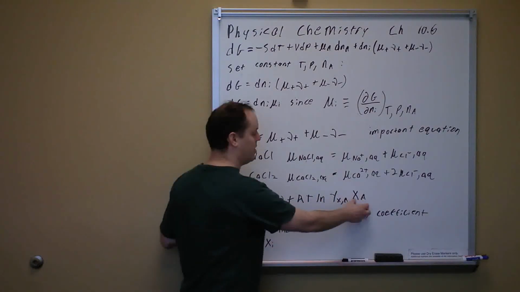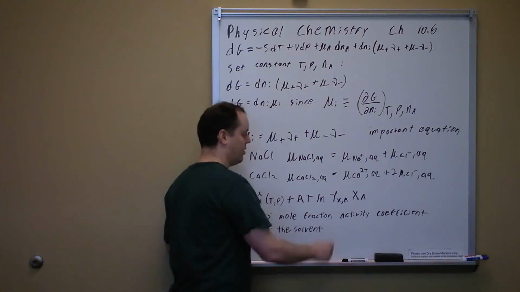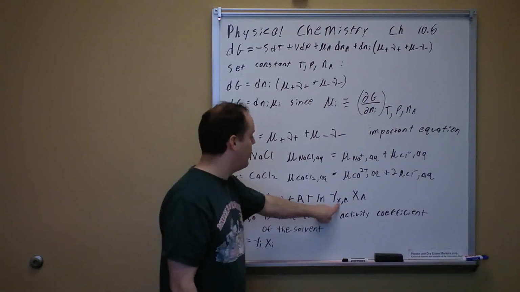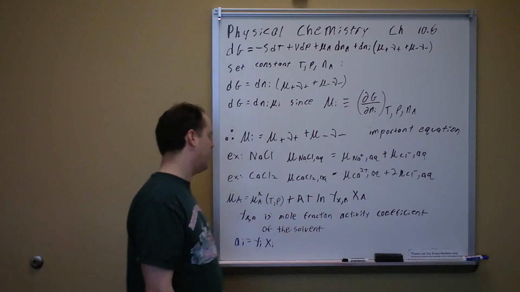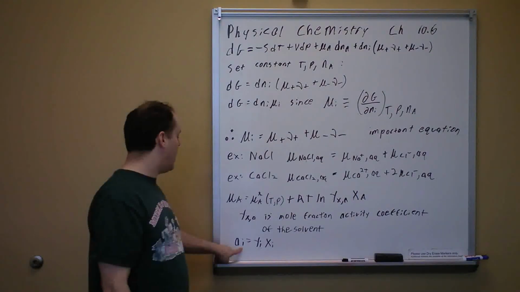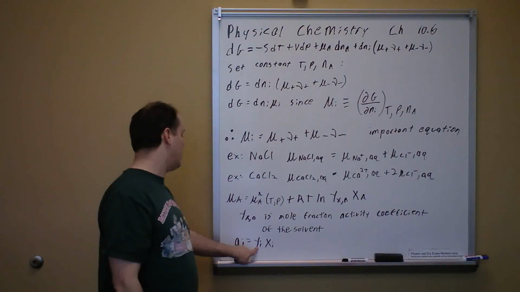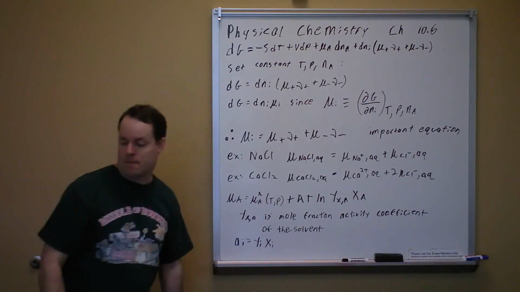If we're going to be using a different type of concentration, then we're going to be using a different gamma. So that's why we put this here, to show that this is gamma when you're using mole fraction. And of course A is for the solvent. Now remember, we said that the activity of I is equal to the activity coefficient of I times the mole fraction of I.